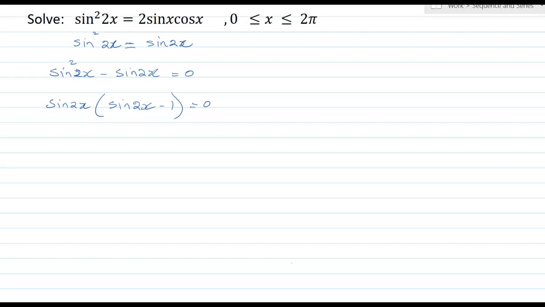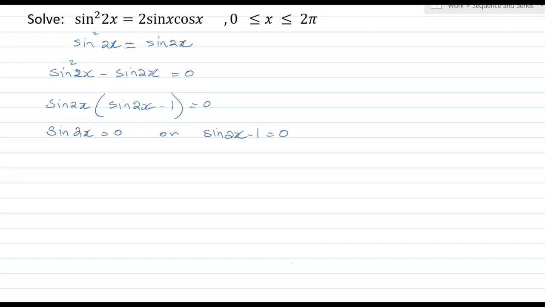And in this case we use the zero product rule. So two options we have: one is sine 2x equal to 0, or sine 2x minus 1 is equal to 0.